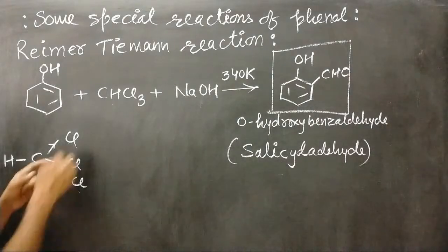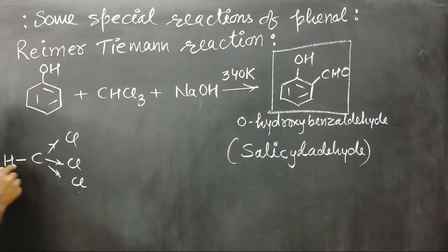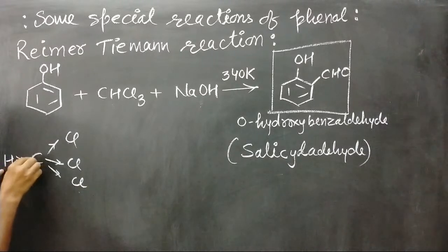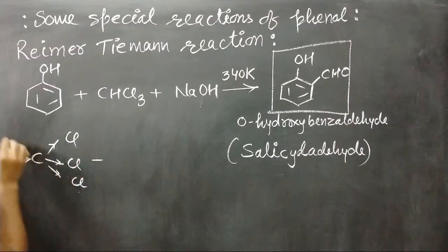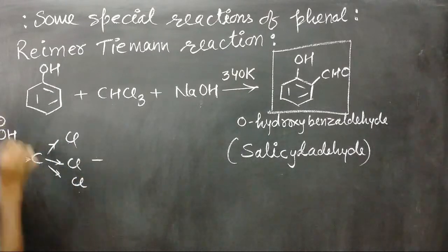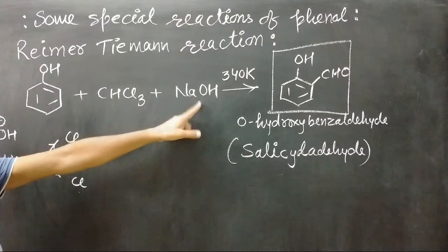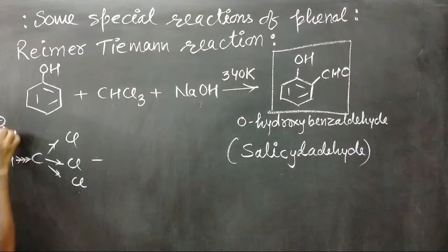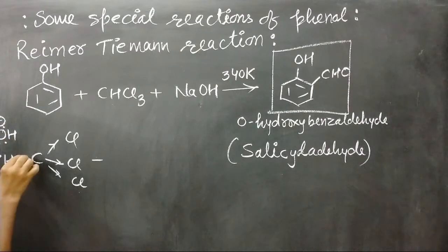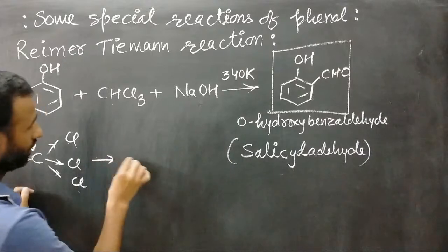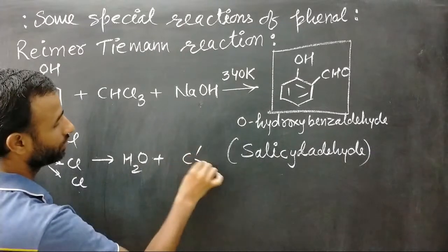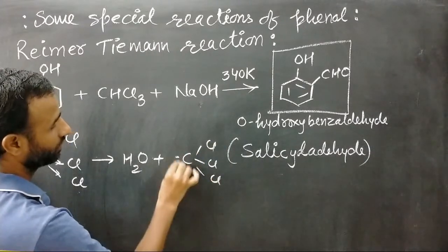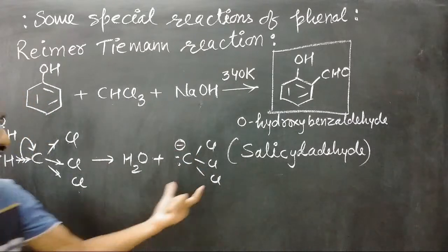Very good. So when they withdraw electrons, they in turn withdraw electron from hydrogen, and that's why this hydrogen becomes slightly acidic. Now, in the presence of OH negative ions, because sodium hydroxide is there, this OH negative ion will take this hydrogen, and we get water along with this anion.